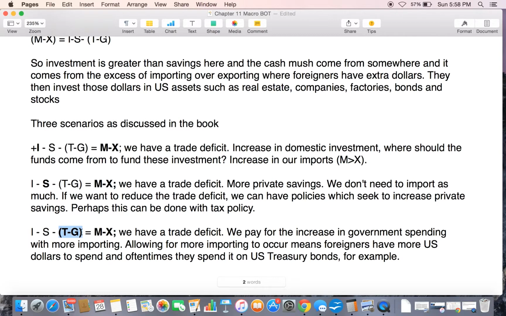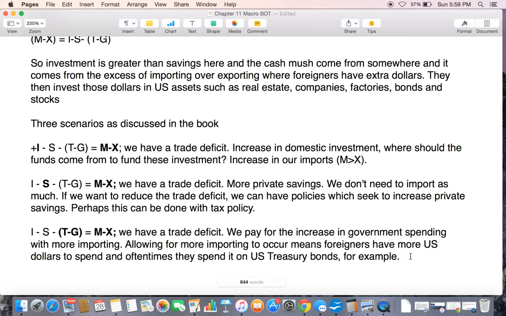And that government deficit will be rising. When we're importing more, foreigners have more US dollars. When they have those US dollars, the way the government is able to spend more is because those foreigners might be financing that deficit by buying US Treasury bonds, which allows us to spend outside of what we really have access to in the form of taxation.